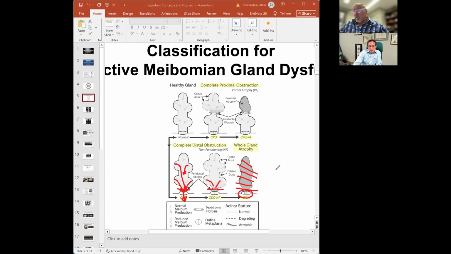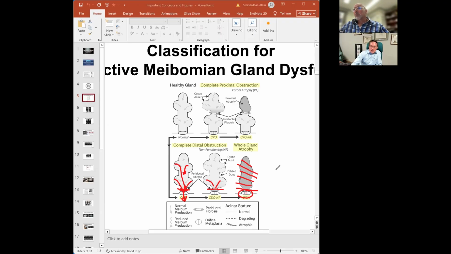So if your doctor does a Meibography on you and there's whole gland atrophy and there's no gland tissue visible on Meibography, yet there is an orifice there, that gland should be probed. Why? Because, and I published this, I think also in 2019 or 2020, if there's an orifice there, then there's a duct there. There still may be the periductal fibrosis, which can be released by the scar tissue.